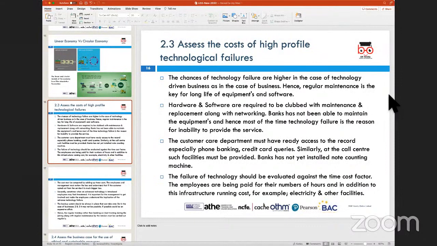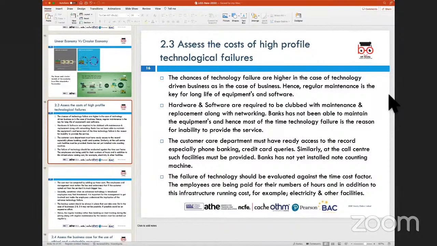A simple case in point that I would give you is, for example, when you look at the operation theaters or OTs within hospitals, they're always running on backup generator power. This is because when a critical operation is being done, the surgeons or the doctors who are operating on a patient, if the light switches off, it can lead to fatal accidents. That means the patient could lose his life, because even for a fraction of a second, if the light switches off while they're operating on the patient, that could be fatal.